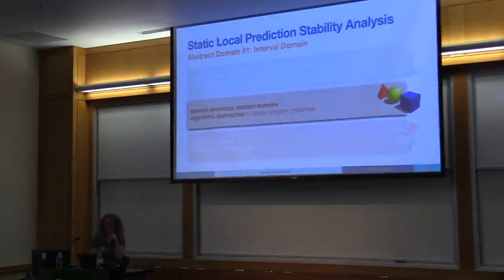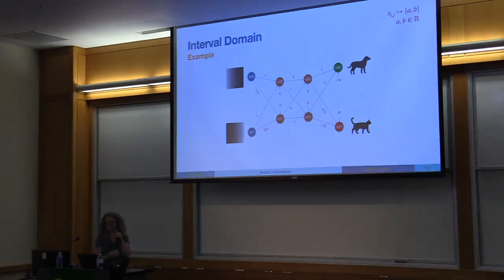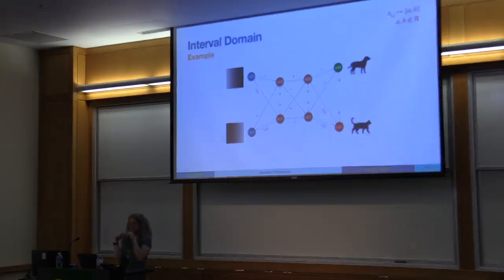I'll show you some example in practice how we do it, starting from the intervals that we have seen already. So in our example, with the intervals, we are mapping the neurons in our network to a range of values. Essentially, we just collect all the possible ranges of values for the neurons in the neural network. At the beginning, we said the pixels can be between 0 and 1.